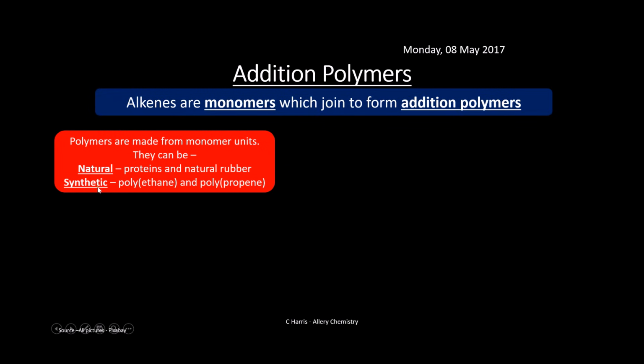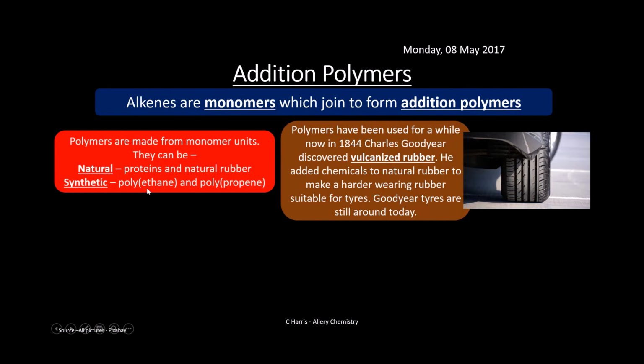We can have natural and synthetic ones. So natural polymers, things like proteins and natural rubber, and synthetics are polyethene and polypropene. So these are the things which we can make synthetically. So let's have a look. So we've got polymers. Obviously, these have been used for a while. Charles Goodyear, in particular, discovered vulcanised rubber.